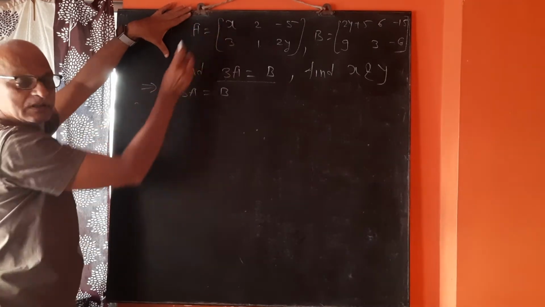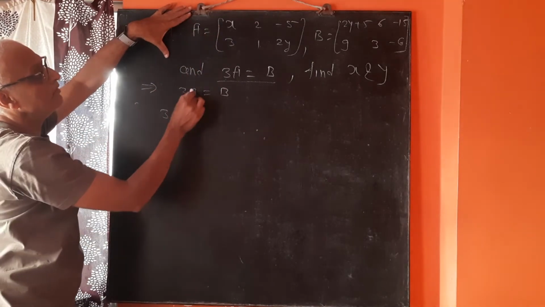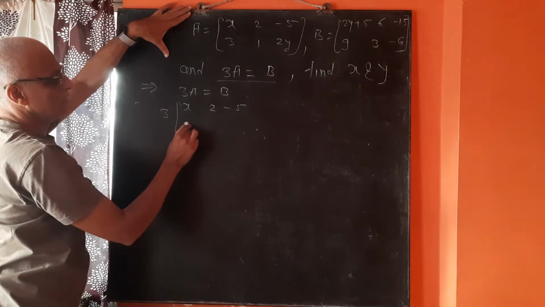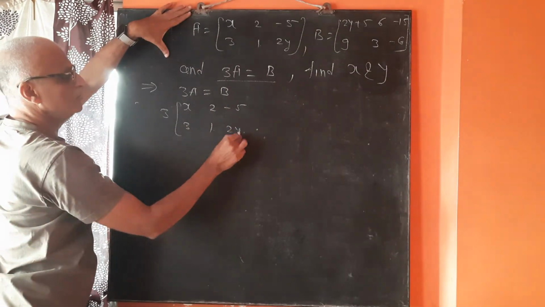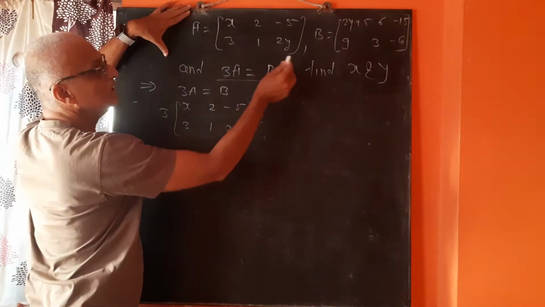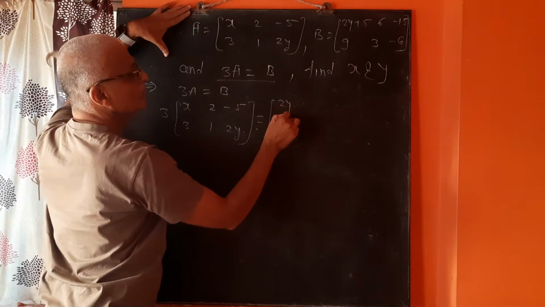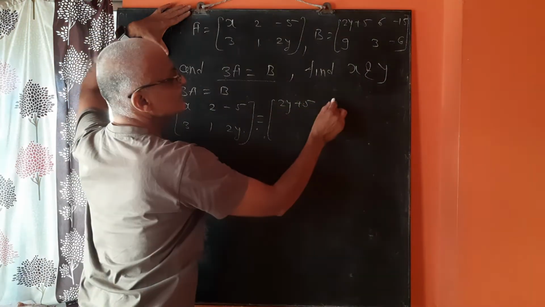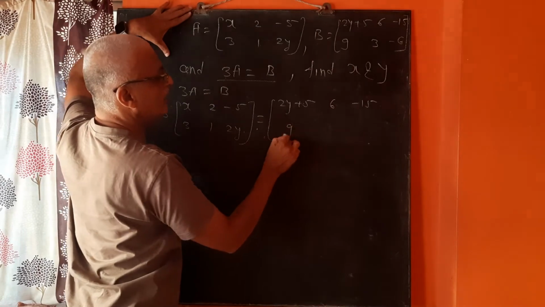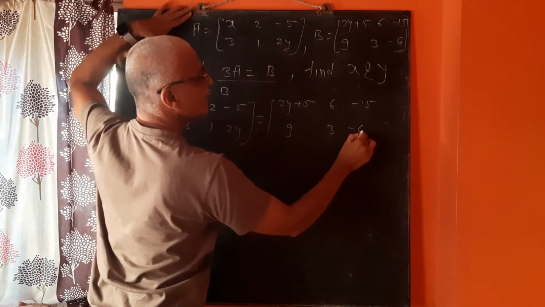Put the values. We get 3 into A, which means x, 2, minus 5, 3, 1, 2y, equals B. B means 2y plus 5, 6, minus 15, 9, 3, minus 6.